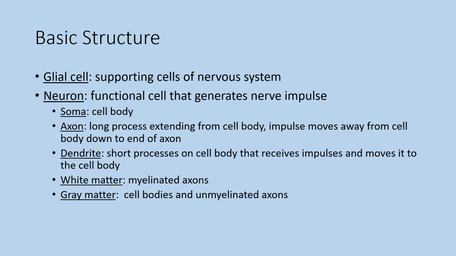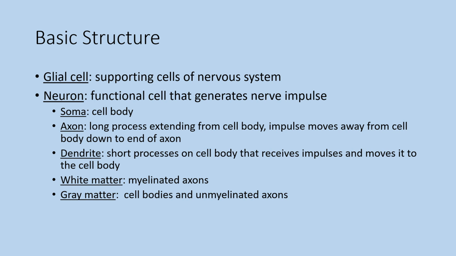Typically, on what you would classify as your classic neuron, the axon is going to be the longer process or longer extension. It does extend from that soma or cell body, and it's going to be moving the impulse away from the cell. So it's going to go from the cell body down towards the end of the axon. That's the direction it would be moving.